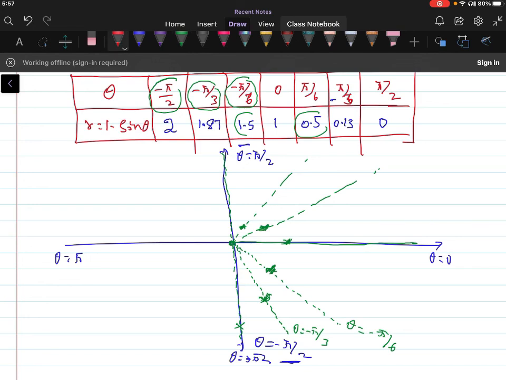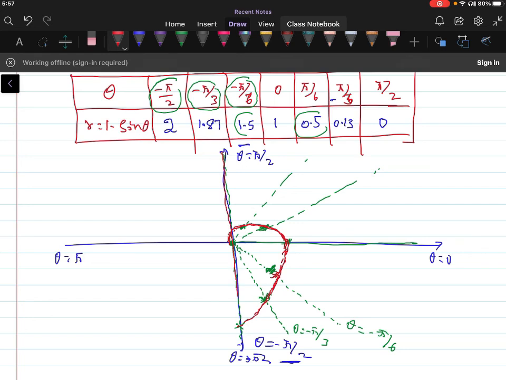Now let us plot the graph with the polar points. So this is the curve. Since the curve is symmetric about the y-axis, the same curve reflects about the y-axis.